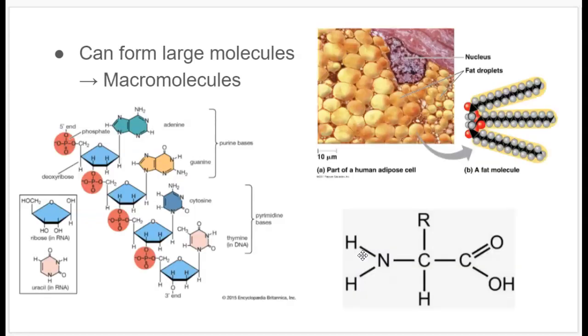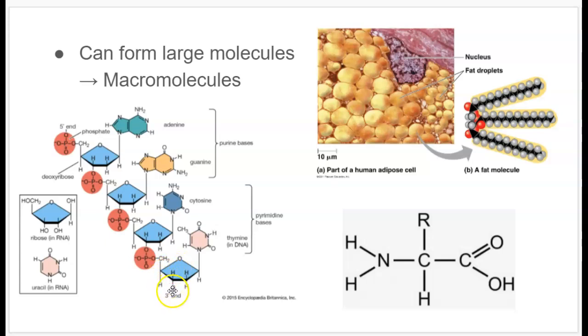Other characteristics that we need to understand about carbon is because it can form all of these covalent bonds, it's a big part of, or the backbone of, a lot of these macromolecules. The macromolecules that we're going to talk about in this unit are the carbohydrates, the lipids, the proteins, and the nucleic acids. So for example, here is a structure showing DNA.